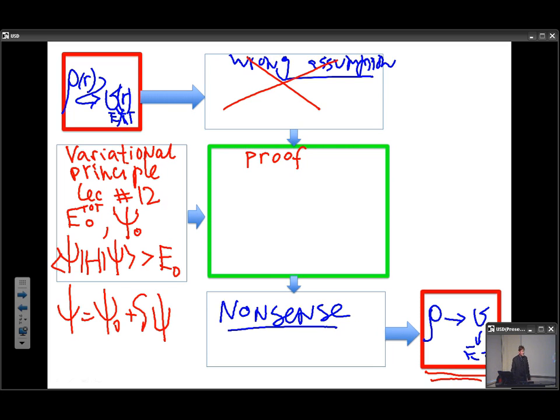And the nonsense that we are going to get at the end of our consideration will be that EA plus EB, where both EA and EB are total energy of systems with different situations of the same system.